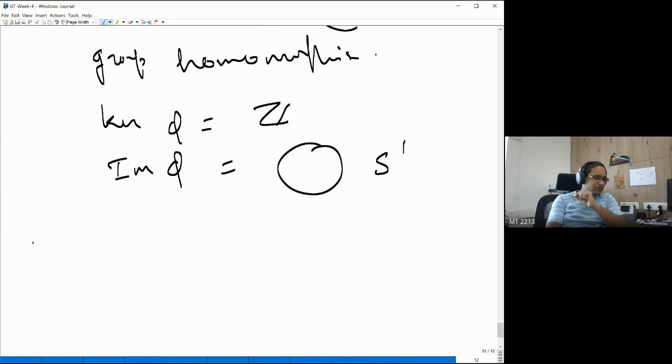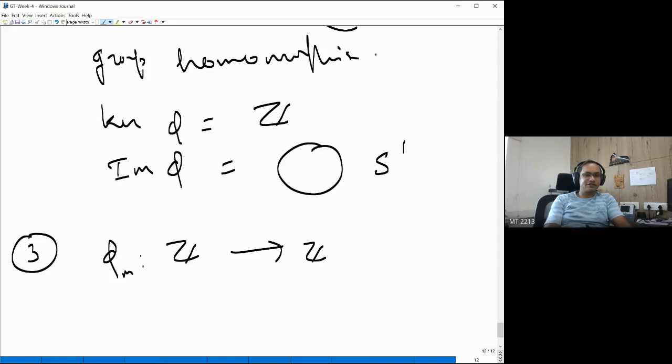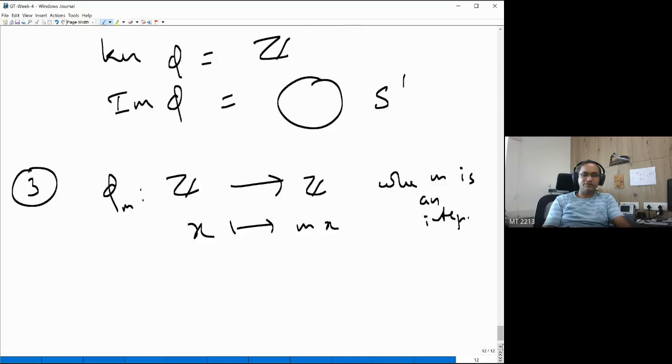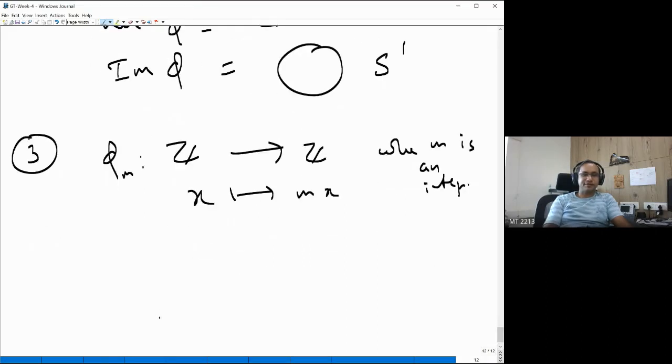Just one or two more examples, maybe. One easy example: suppose I have the Abelian group Z. I want to define a map from Z to Z. Take any integer m and define the map by multiplication by m, where m is an integer. It's a group homomorphism for fixed m.